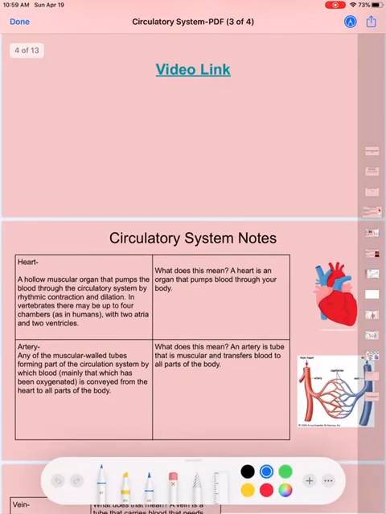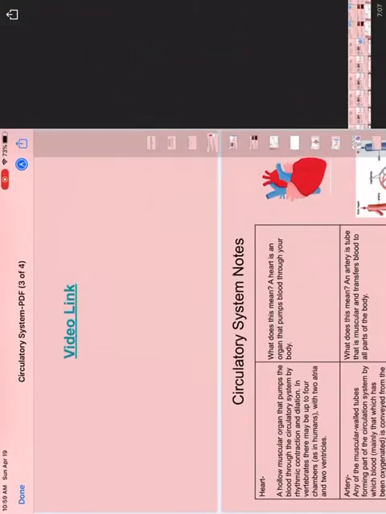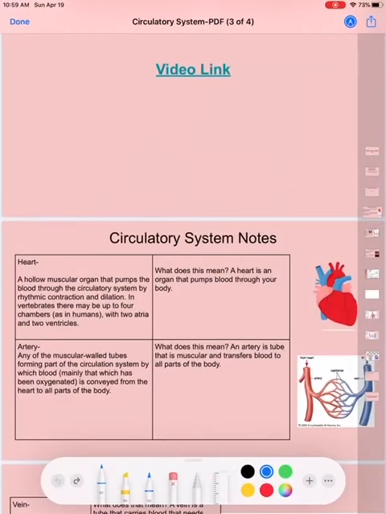So we're going to start with the heart. The technical definition is: a heart is a hollow muscular organ that pumps the blood through the circulatory system by rhythmic contractions and dilation. In vertebrates, there may be up to 4 chambers, as in humans, with 2 atria and 2 ventricles.